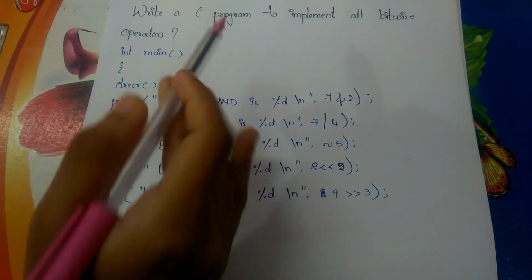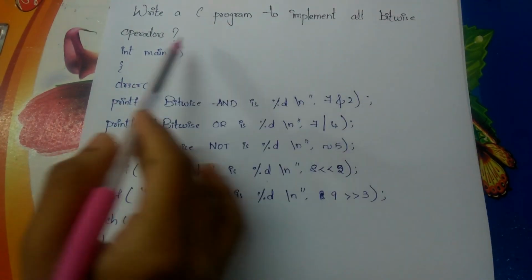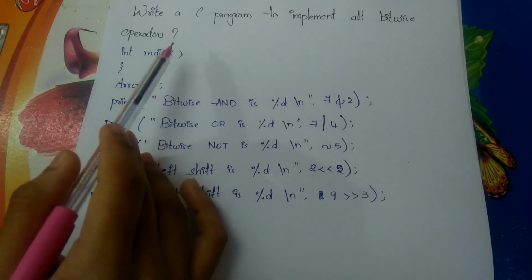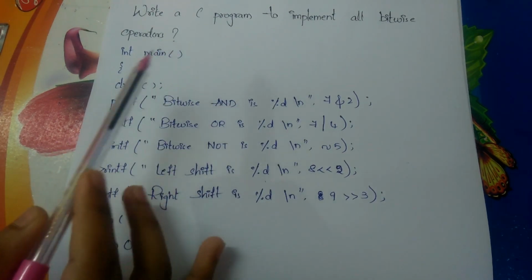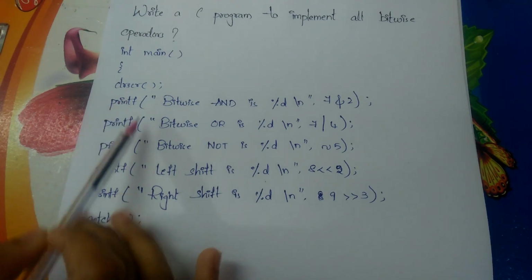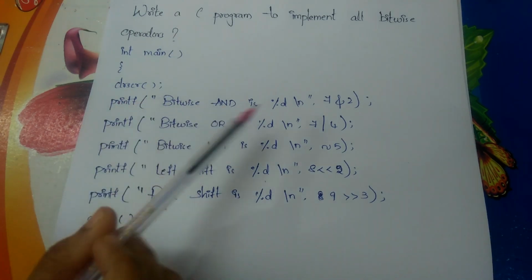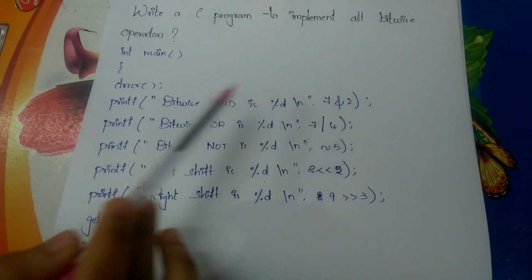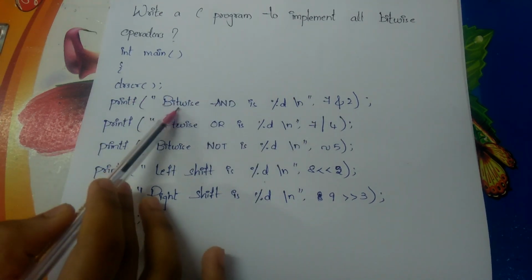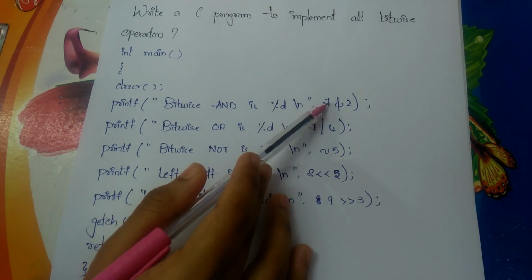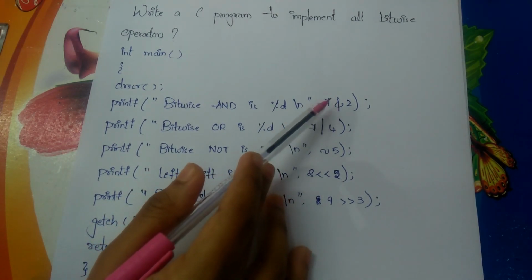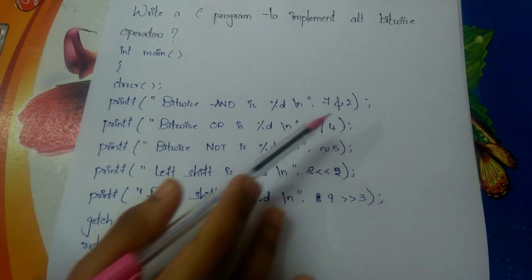Let's see the C program to implement all bitwise operators. First we have to include the header files. Then it starts with the main function. Now here I am directly writing the printf statement, giving the inputs through the printf. Now printf bitwise and is %d, and the operator I am giving is bitwise and, so that is 7 ampersand 2.